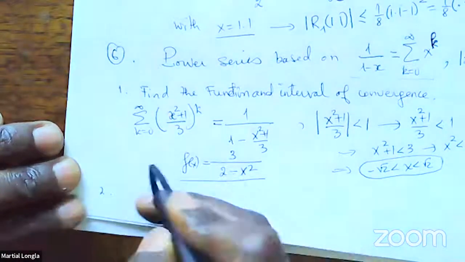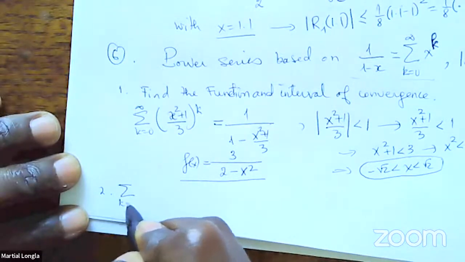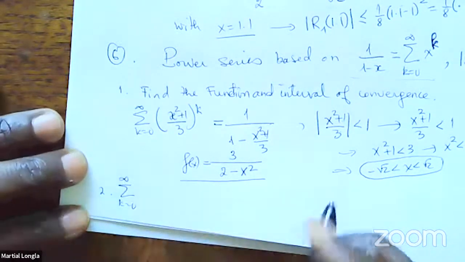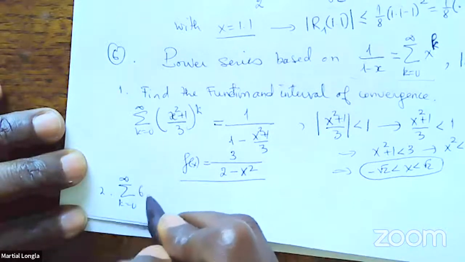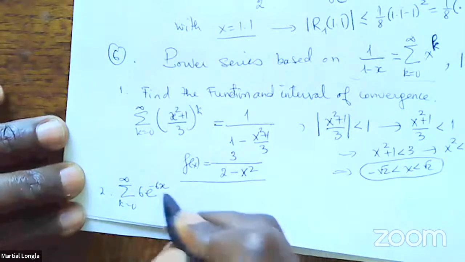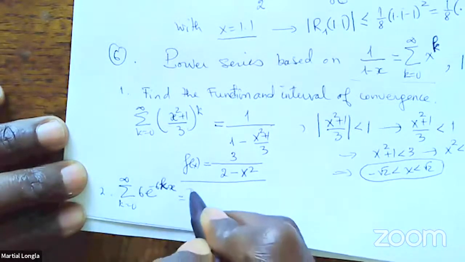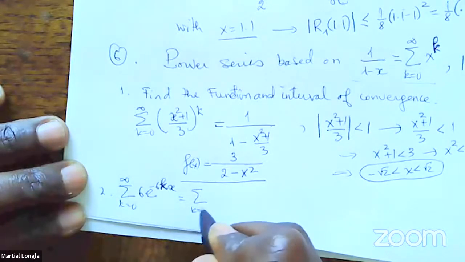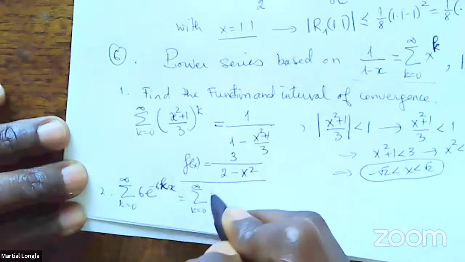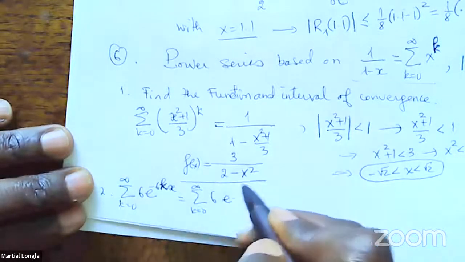The next question was of the form the sum k from 0 to infinity of 6 e to negative 6x, 6kx, sorry. And this is typically the sum k from 0 to infinity, if you understand the rules of powers.